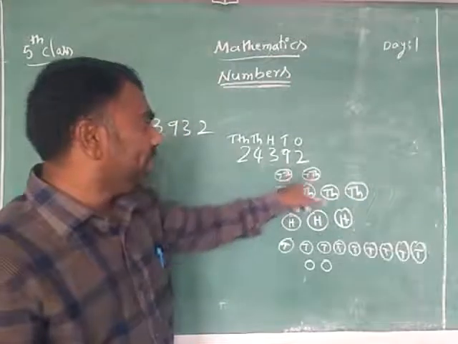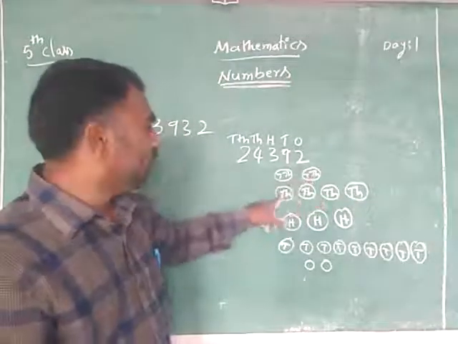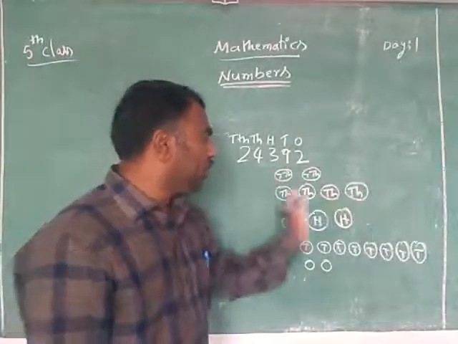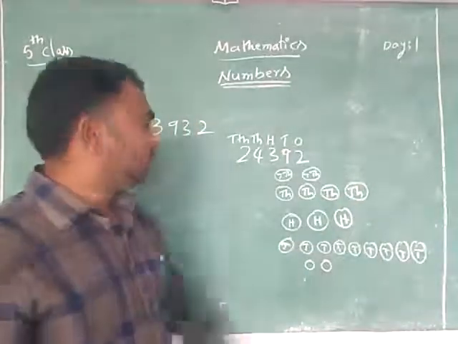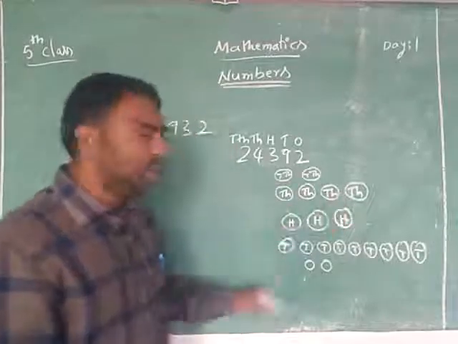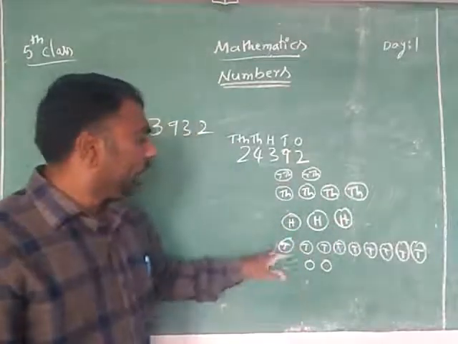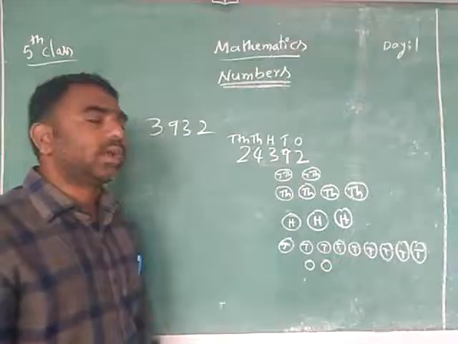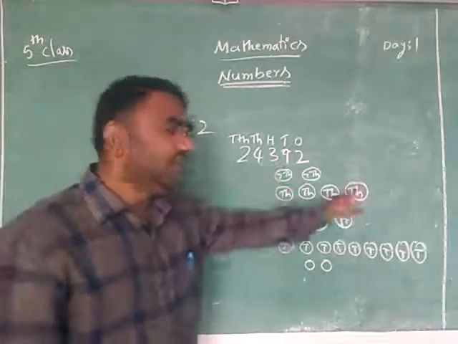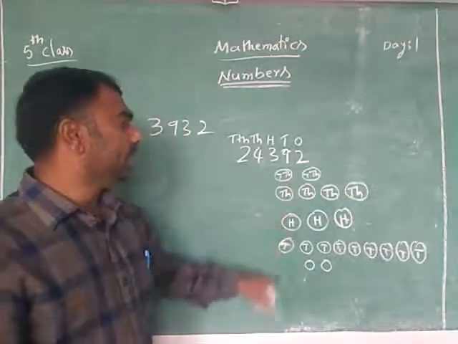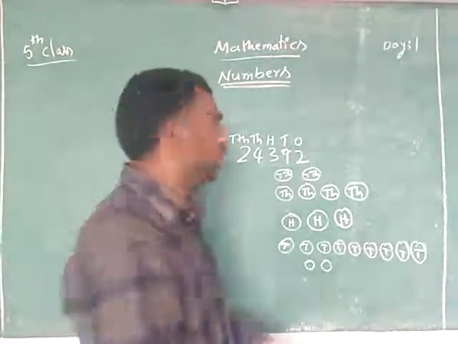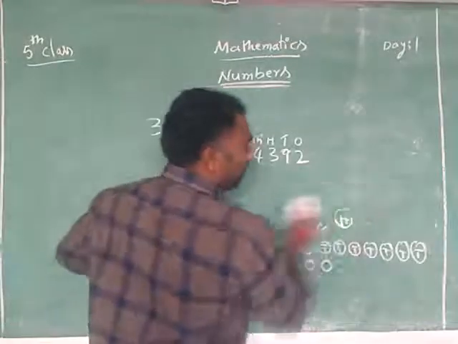Totally 10, 10, 20, 21, 22, 23, 24, so 24,000 are there. So we will call this number 24,392. Finally, this is the expanding.